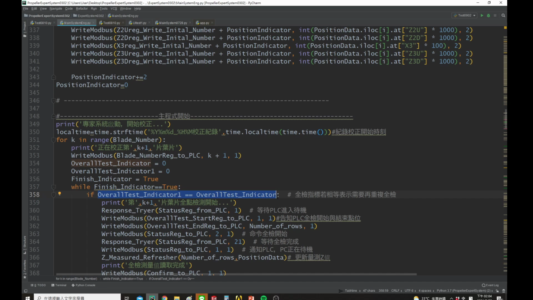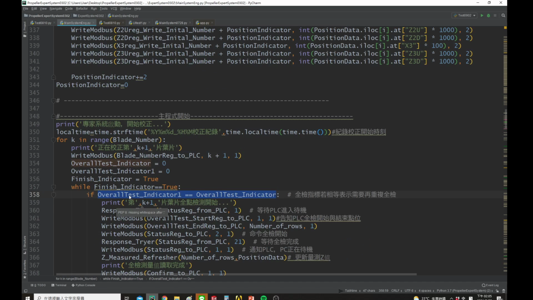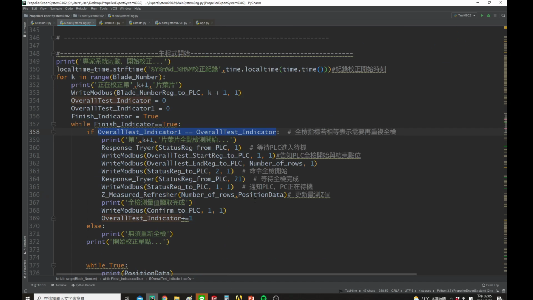If they are not equal, it won't fall into this discrimination, which means it doesn't have to be tuned or tested again. So this is a small indicator that I designed for when the blade has to jump out of the loop.